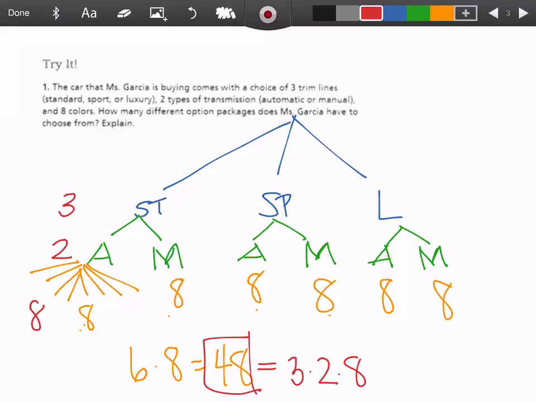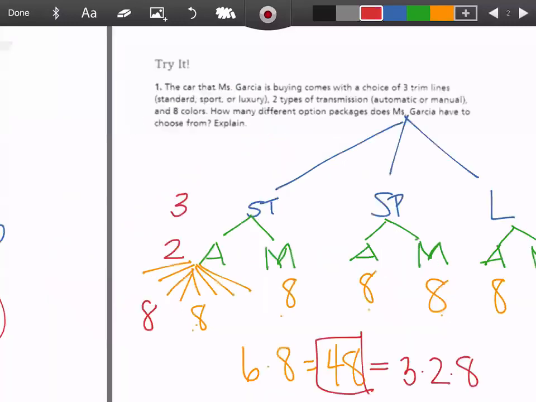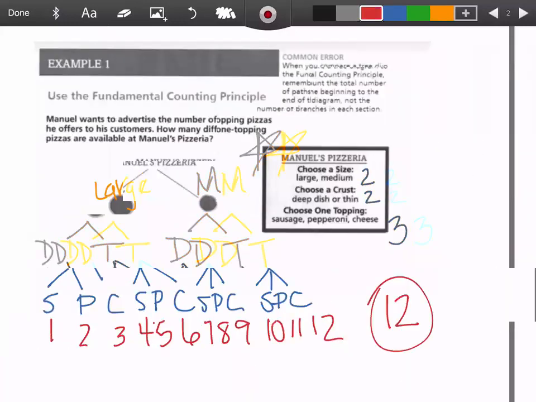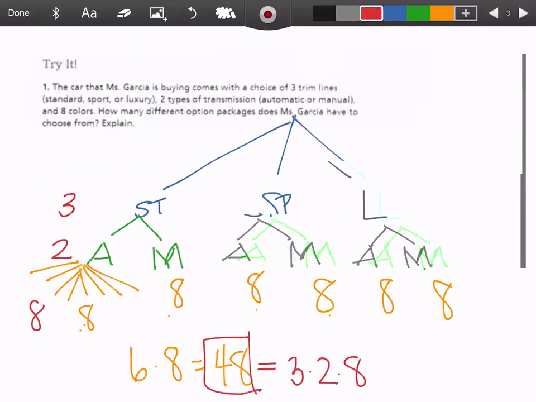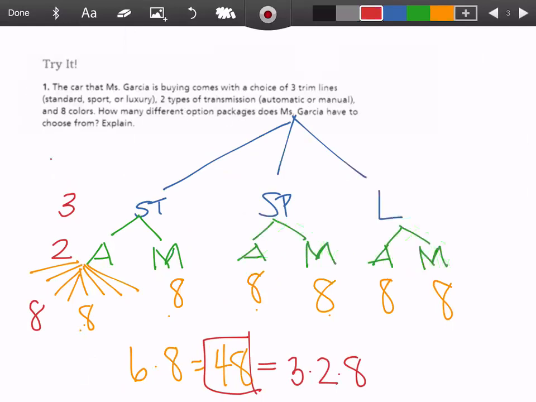We could have done that in that first example as well. We could have taken 2 times 2 times 3, which equals 12. So we can continue on, or you guys can continue on your own and try examples of the counting principle.